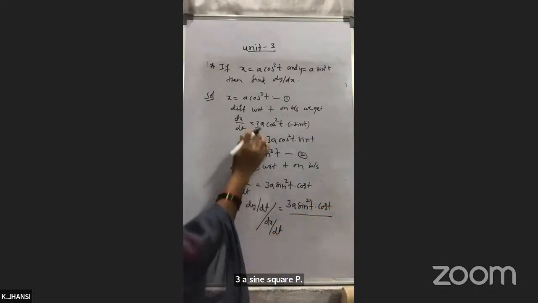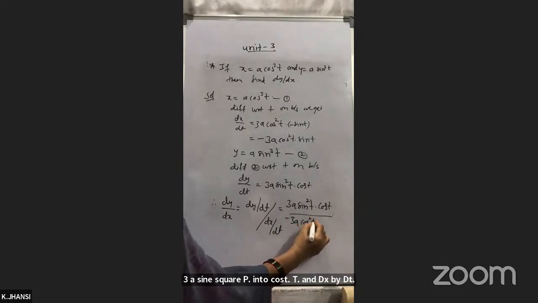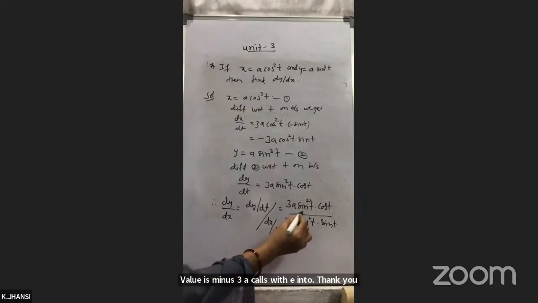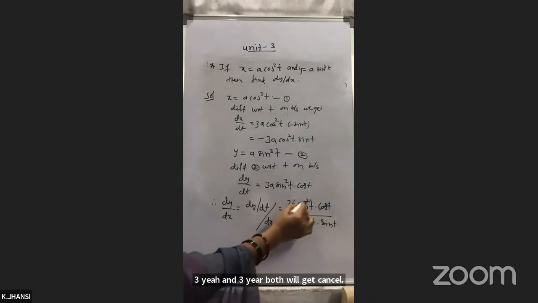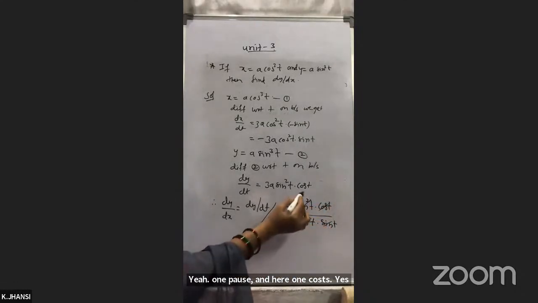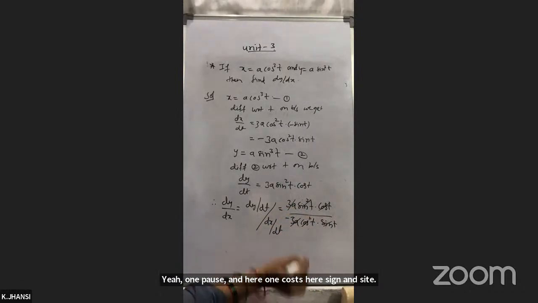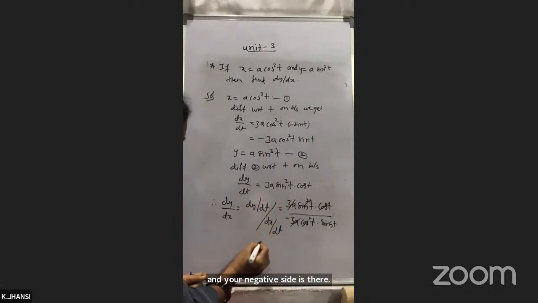And dx by dt value is minus 3a cos square t into sin t. So this 3a and 3a both will get cancelled. Here one cos and here one cos, here sin and sin. So in the numerator one sin is left and in the denominator one cos is left. So sin by cos means tan, and here the negative sign is there. So dy by dx equals minus tan t.